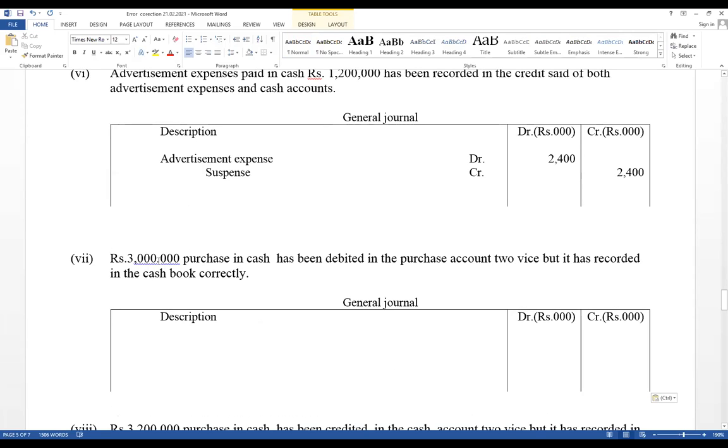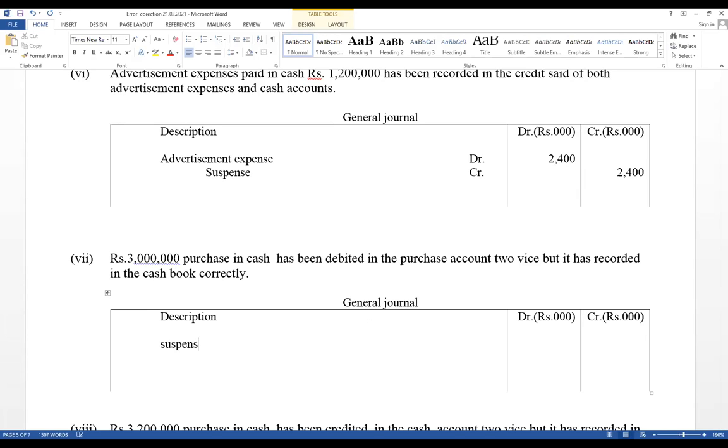Therefore, now for correction, purchase account credit, suspense account debit. It has given 3,000 purchase in cash debited in the purchase account twice. Therefore, purchase account should be credited one time, suspense account debit.